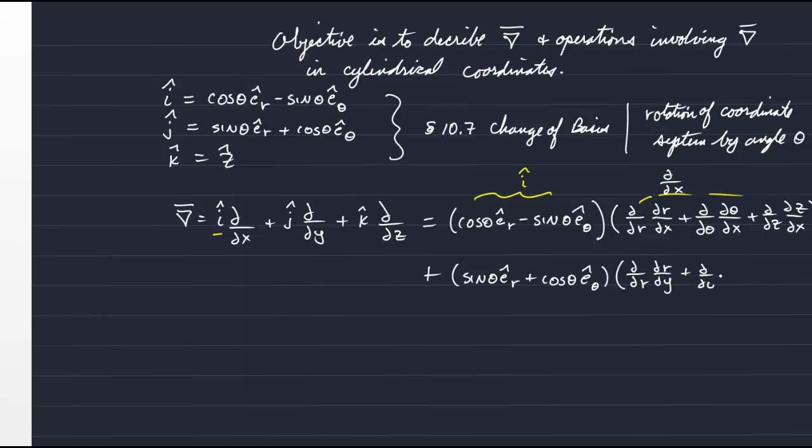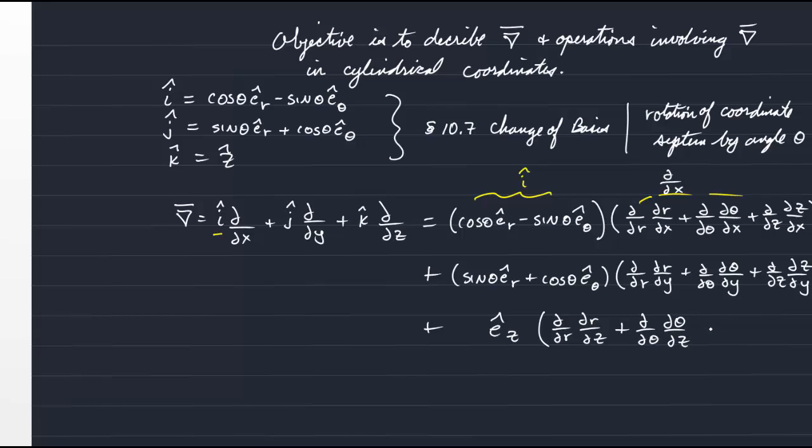So we have d by d theta d theta by dy plus d by dz dz by dy. And then finally, the last term, which is simply e hat z times the partial with respect to r dr by dz plus the partial with respect to theta d theta by dz.